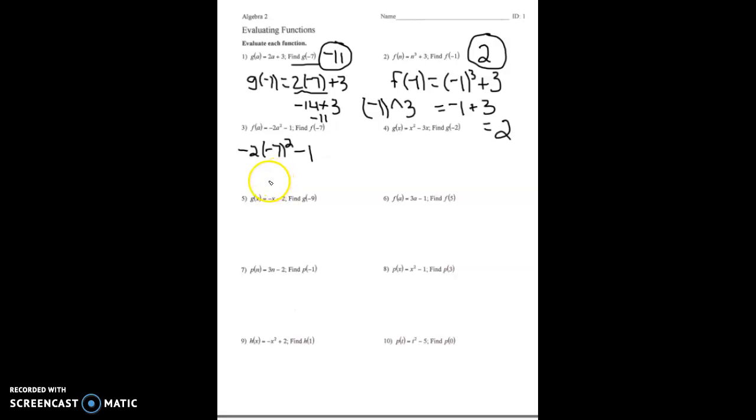Now you may be thinking, what do you do first? You have to do the exponent first, guys. Negative 2 will stay there. You have to do negative 7 squared. Negative 7 squared ends you with 49. Positive 49, don't forget about that. Negative 7 squared is positive 49.